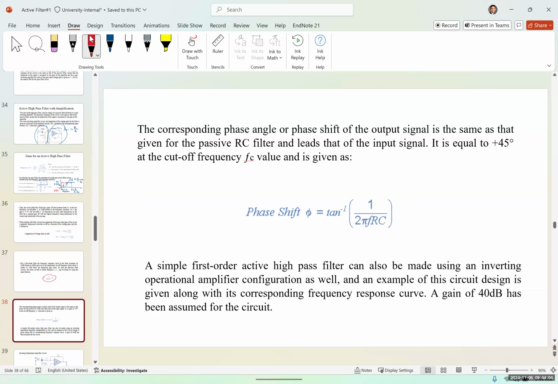It is equal to positive 45 degrees at the cutoff frequency, FC. The reason that we have this phase shift is because of the passive RC filter. We know that for a non-inverting amplifier, we don't have any phase shift. For an inverting amplifier, we have a 180 degree phase shift. So this phase shift is the result of the passive filter, or the RC filter.